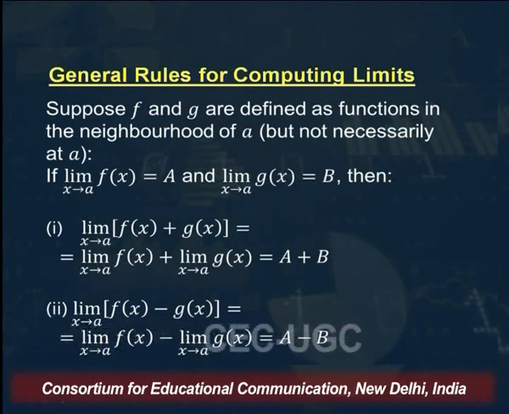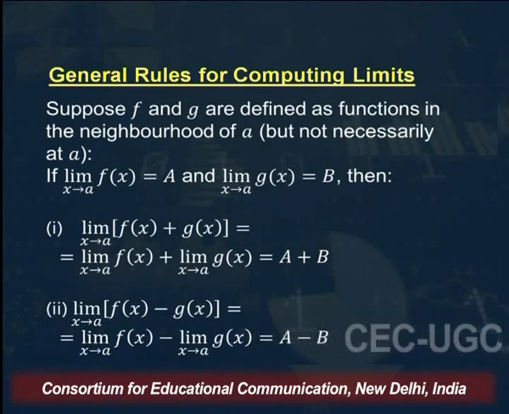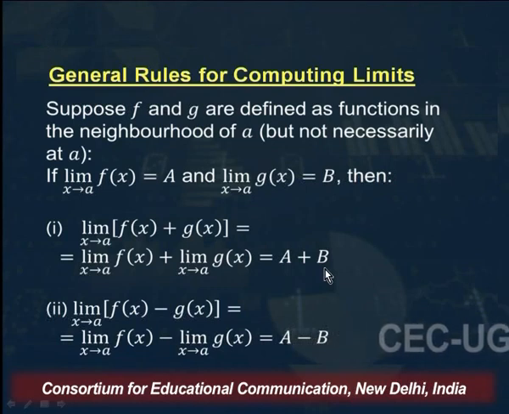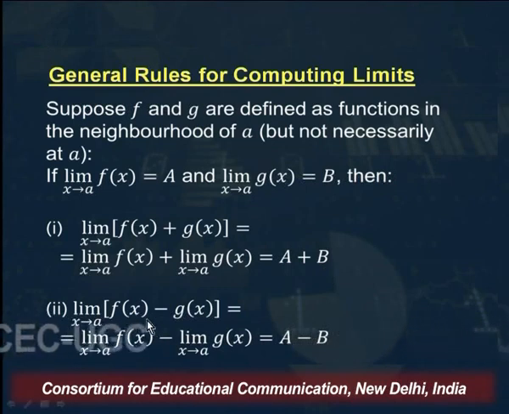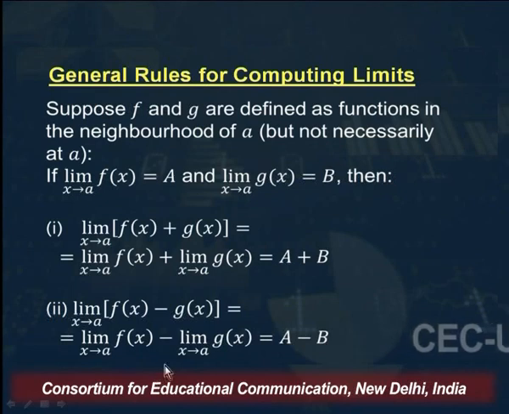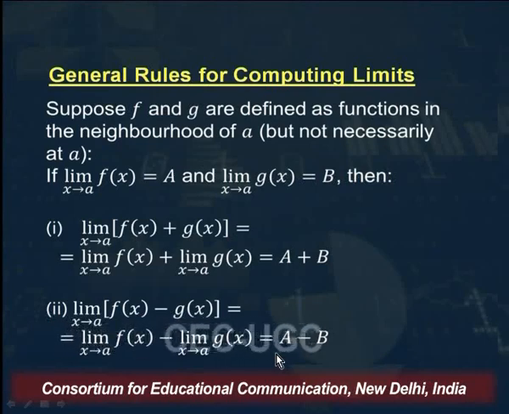So the limit of the sum is the sum of the limits, and because we are given here that the limit of the function f as x tends to a is capital A, and the limit of g as x tends to a is capital B, our result here is A plus B. So it's quite simple and intuitive. Similarly, the limit of the difference of two functions f and g as x tends to a is again the difference between the two limits, and that result here will be A minus B.